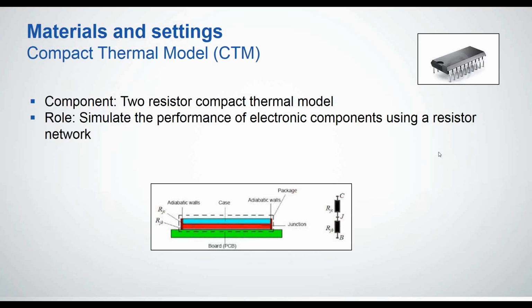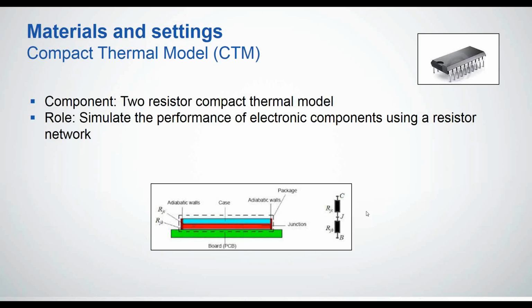So the compact thermal model material in Autodesk CFD is a resistor compact thermal model. It consists of just 3 nodes: the junction, the case, and the board. The junction is also referred to as the die or the chip.